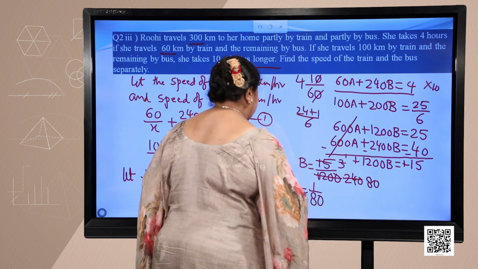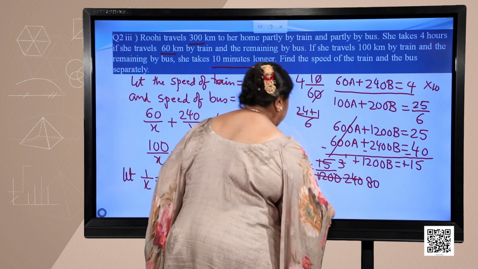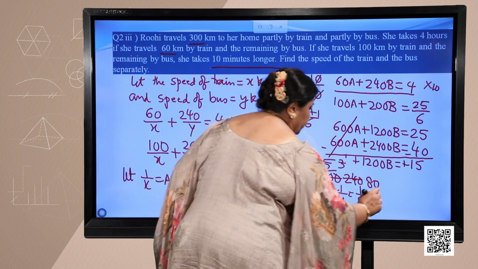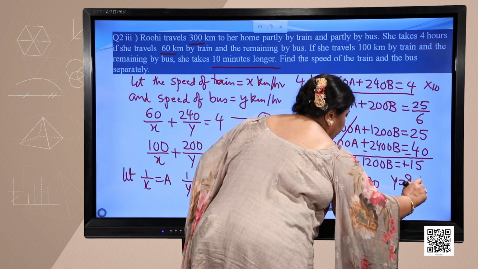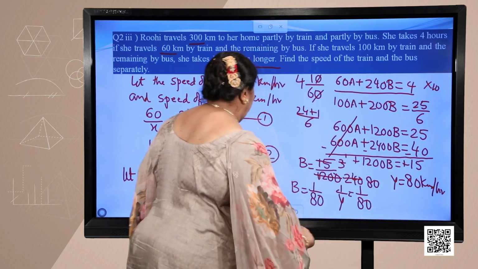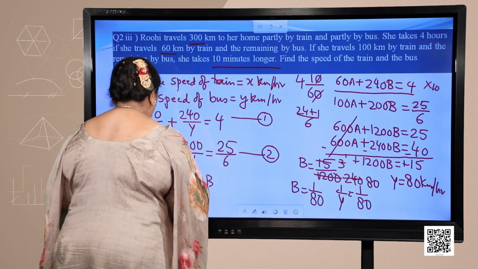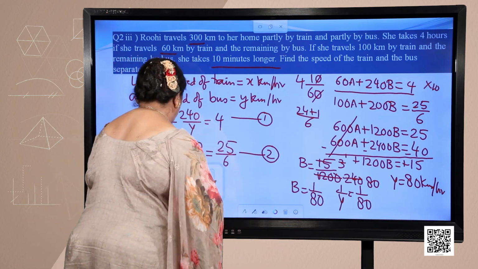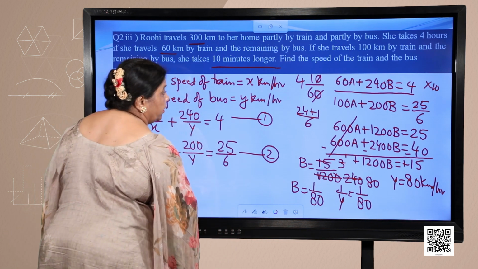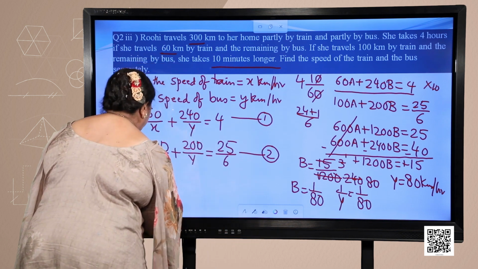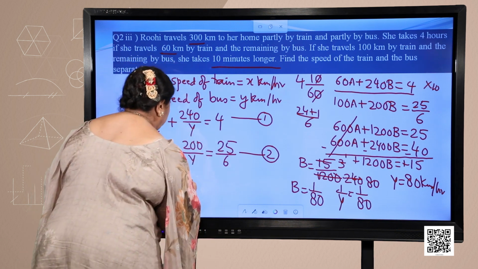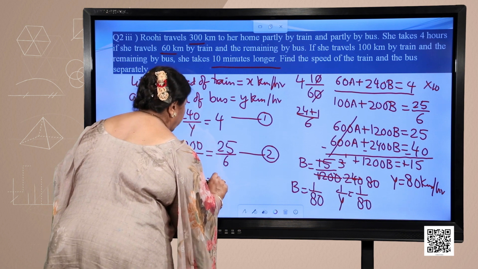We had taken b as what? 1 upon y. So, this is the speed of the bus. Speed of the bus is 80 kilometers per hour. Let us find out the speed of train now. Let me take any equation here, 60a plus 240b is equal to 4.